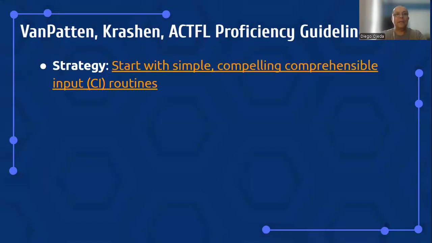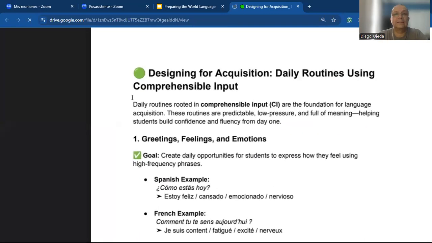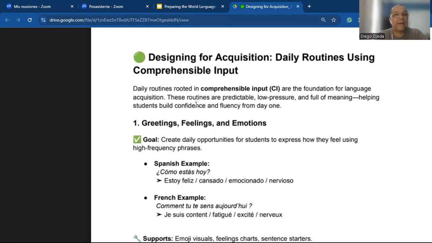Okay, my friends. So, strategies. Start with simple, compelling, comprehensible input routines. I have created for you a document that I'm going to share in the chat. It's about designing for acquisition, daily routines using comprehensible input. I have put examples in French and in Spanish.